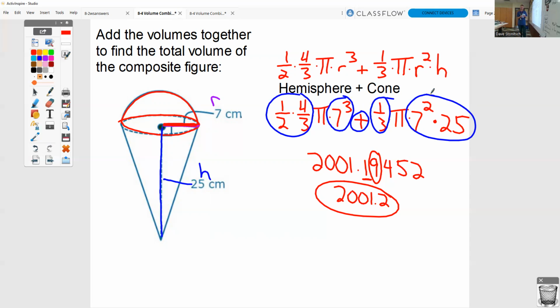We type in everything except for the pi symbols. When we type in all 1, 2, 3, 4, 5, 6 of those things, you're going to get 637, and then you just stick the pi symbol at the end. So you type in everything except for pi, just like we've been doing.